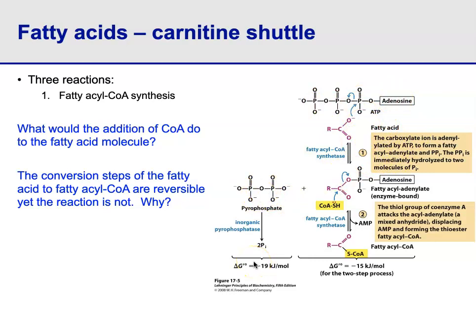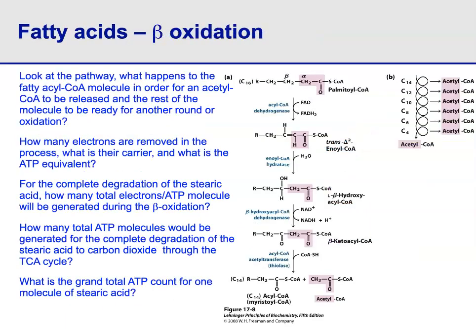This is the first step of the carnitine shuttle. When we subtract that, we'll end up basically with 120 ATP, or high energy bonds, generated for the complete degradation of 1 molecule of stearic acid to carbon dioxide.